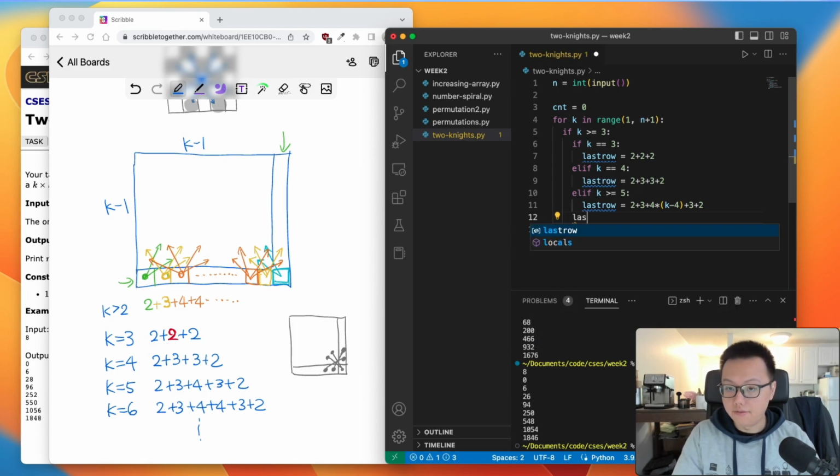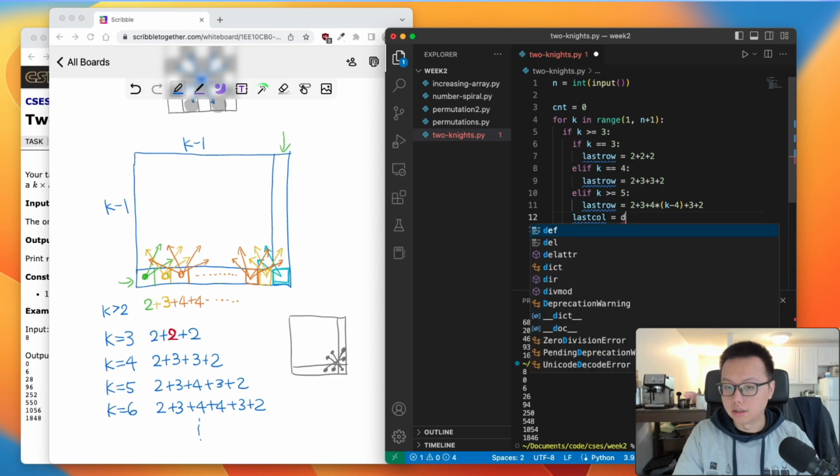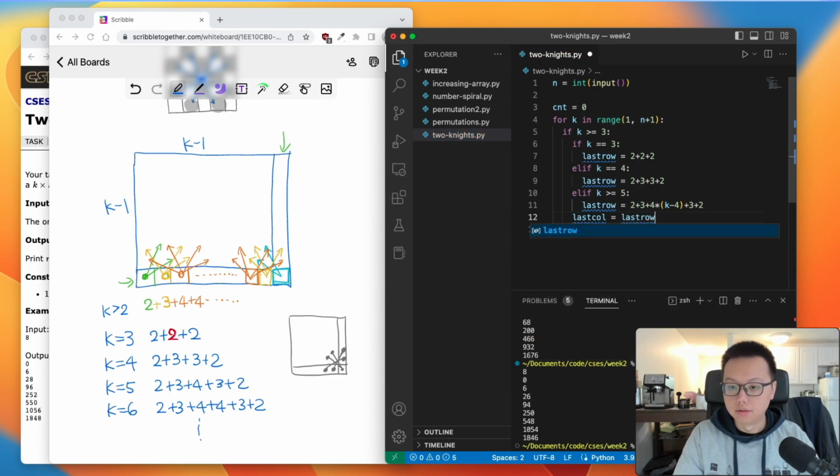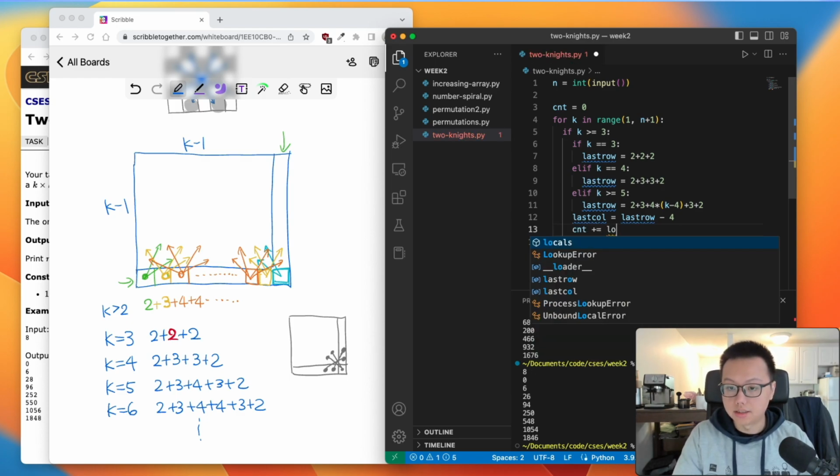Then we have the same value for the last column, the additional count for the columns. So last row plus last column minus 4. And then we update our count by adding this.